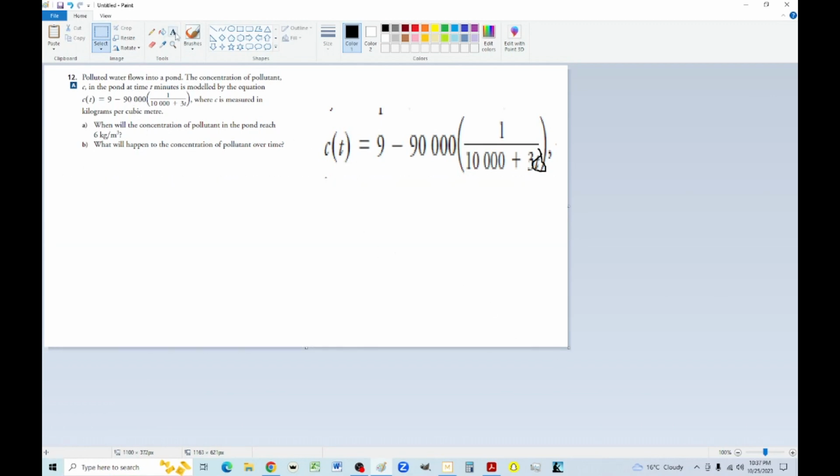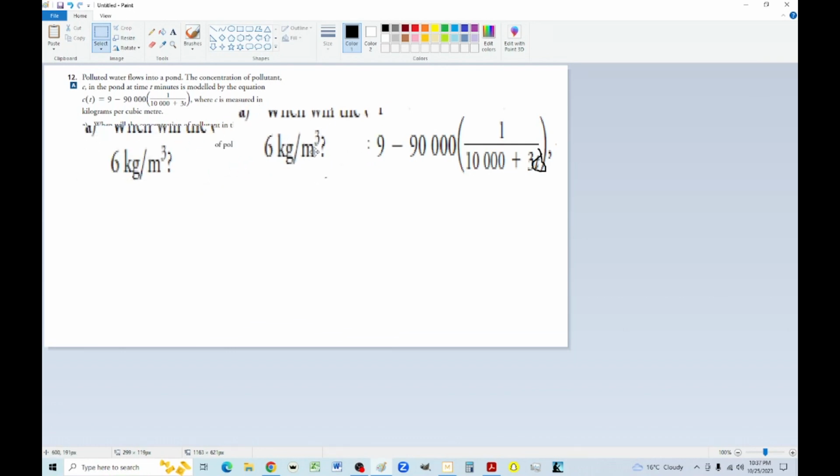And remember that it's 9 right here, C is measured in kilograms per cubic meter. So we're going to approach a pollution of 9 kilograms per cubic meter. Here they ask us specifically what happens when the pollution is 6. Well, 6 is the pollution level. You put it here, like that, and it's just a mathematical equation.